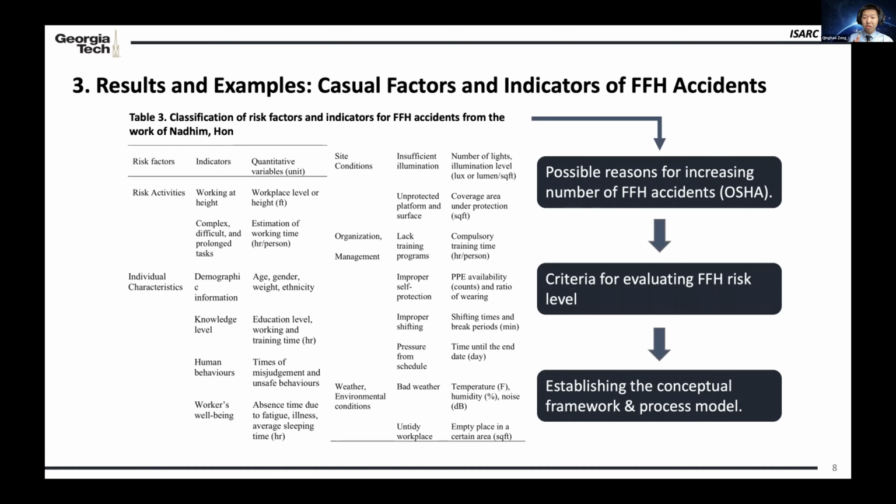As we can see from this table, a total of 5 risk factors are concluded as the possible reasons for the increasing number of the FFH accidents, and they are followed by the indicators within each factor, as well as the quantitative variables to construct the criteria for evaluation of the FFH risk level. And that will be assisting the establishment of the conceptual framework for the process model.